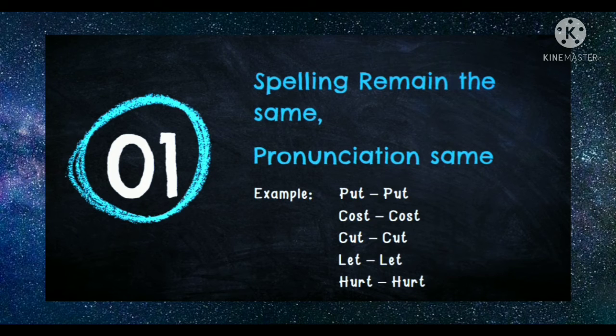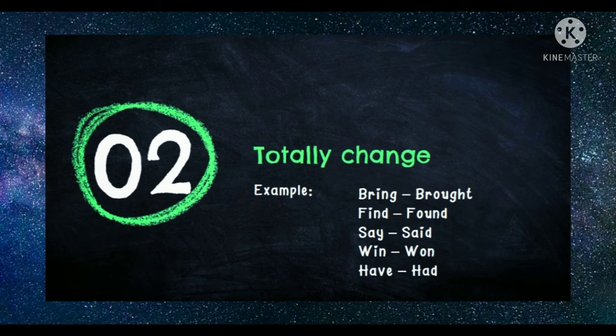The words are the same in present tense and past tense. They will not face any changes. For example, put, cost, cut, let, hurt. The verbs remain the same in both present tense and past tense. That's the first group.